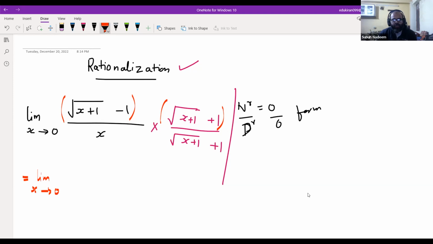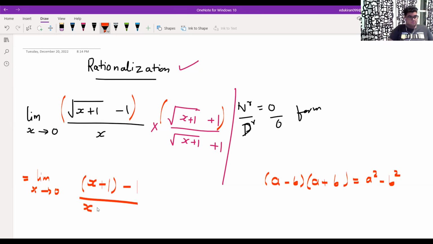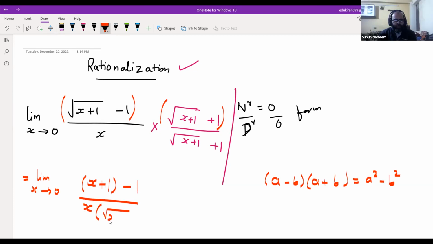The identity of a minus b into a plus b we all know is a square minus b square. So this identity will make it x plus 1 under root, whose square will be x plus 1, minus 1 square, which is 1, upon x into (root over x plus 1 plus 1).